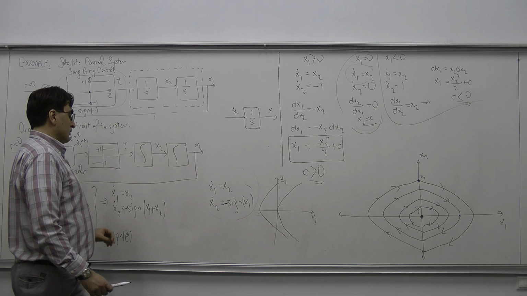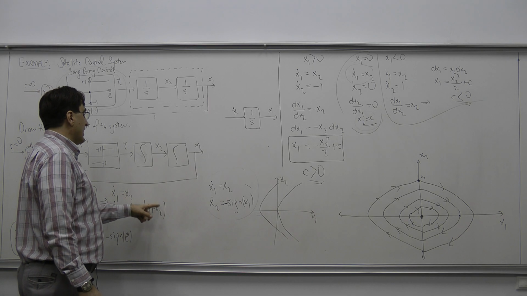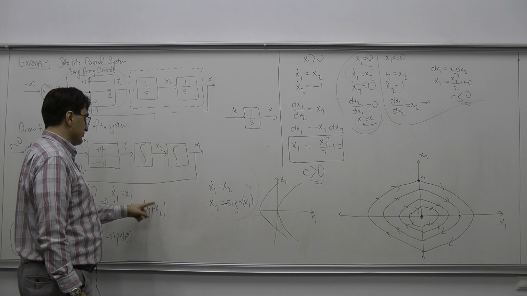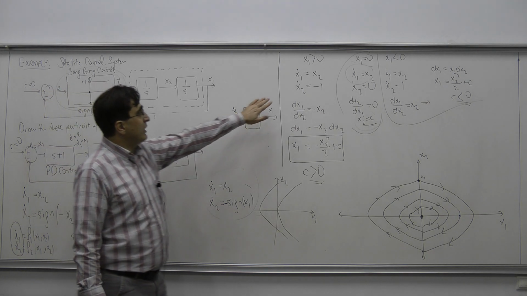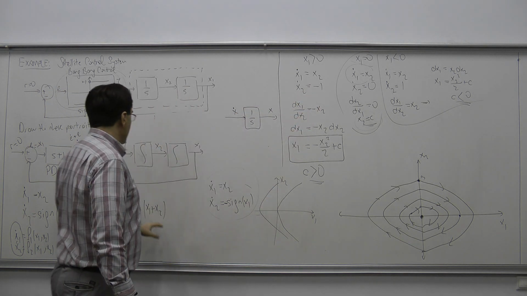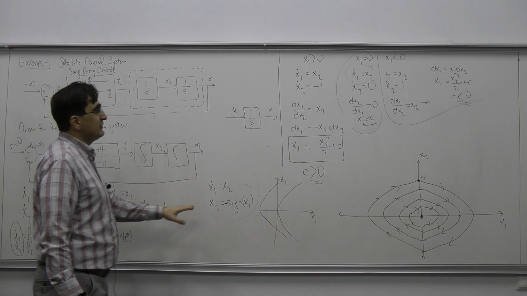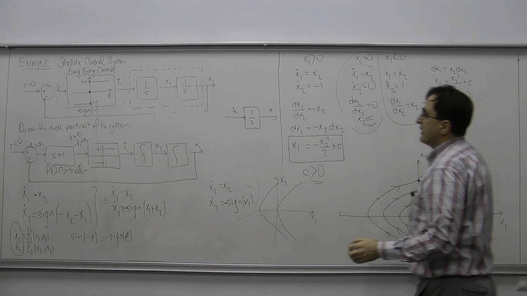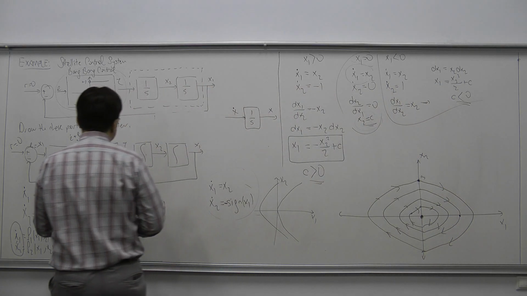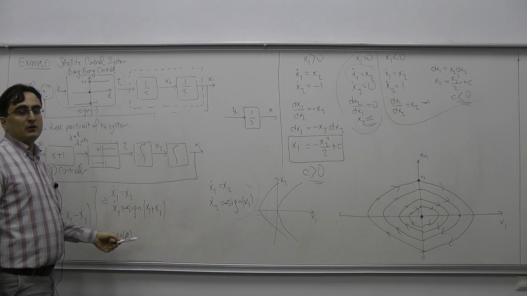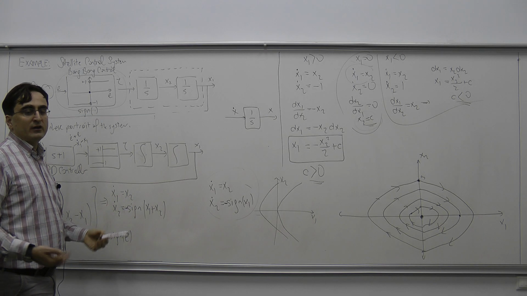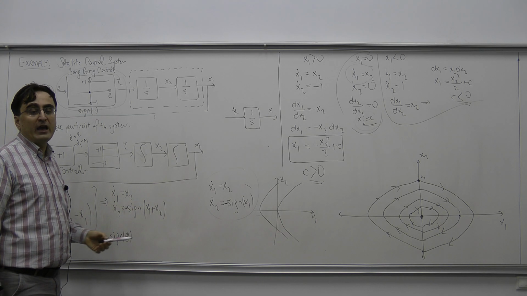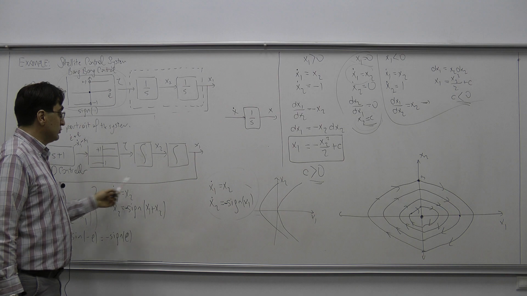So here we are going to see that when x1 plus x2 is positive, I would have this dynamics. When x1 plus x2 is negative, then I would have this dynamics, okay? So it is only the switching boundaries or the switching regions which have changed in this new system.